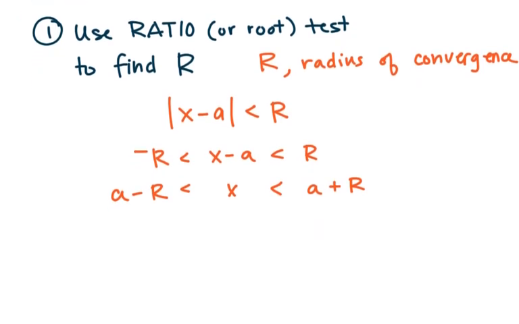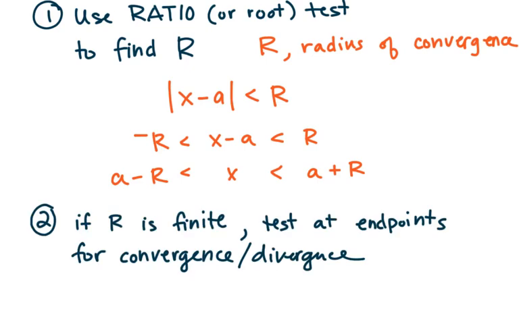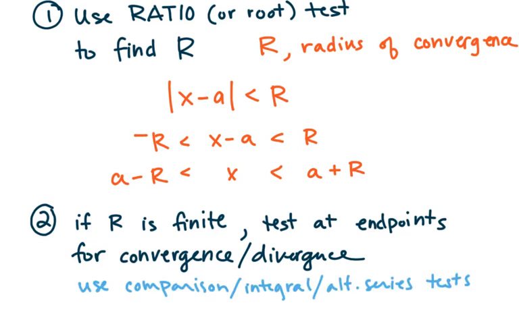So we know two things about R. As long as R is a finite value, we're also going to need to make sure we test at those endpoints for convergence or divergence. And some tests we might like to always use would be the comparison, the integral, or the alternating series test.